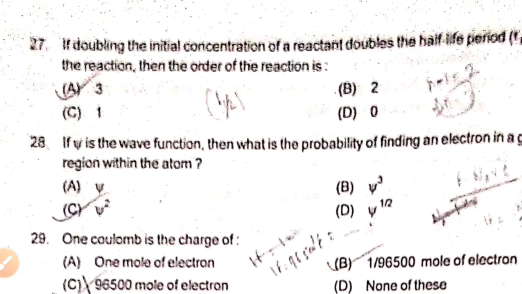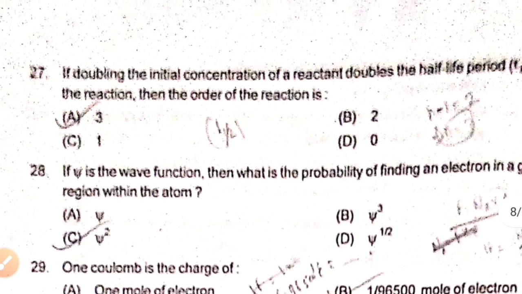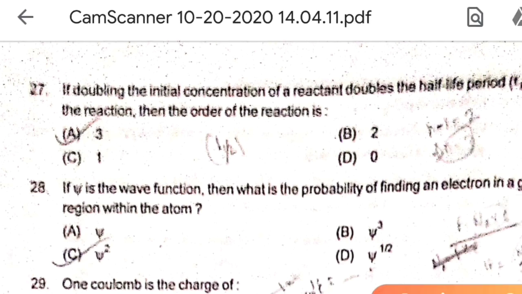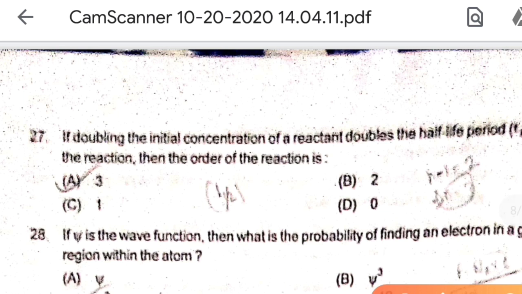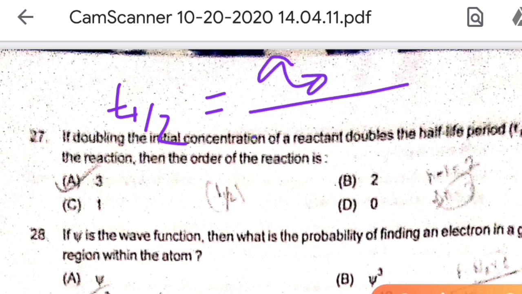Okay. So the next question is, if doubling the initial concentration of a reactant doubles the half-life period, that is T half of the reaction, then the order of reaction is. Okay. So if you remember, the half-life of a zero order reaction, T half, will be equal to A naught, that is initial concentration, upon 2K.